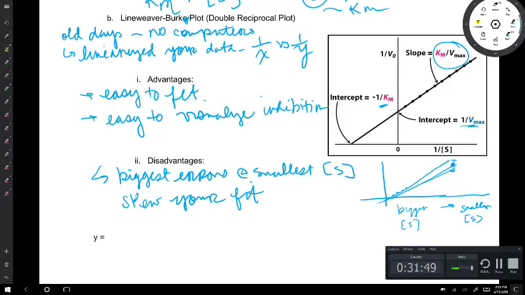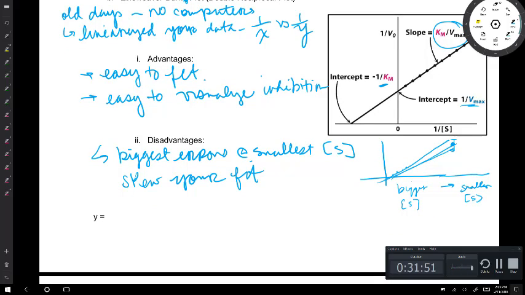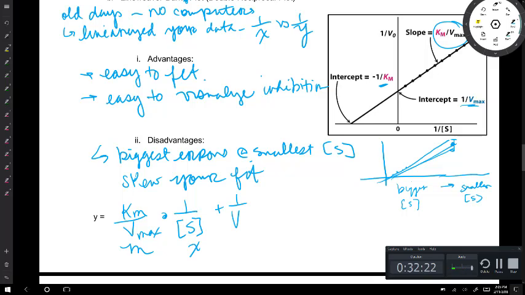The nice thing about this fit is you can pull out the Km and the Vmax easily from a linear fit. So y equals Km over Vmax, that's the slope, or the m, times 1 over substrate, where 1 over substrate is our x, plus 1 over Vmax, where 1 over Vmax is our b.